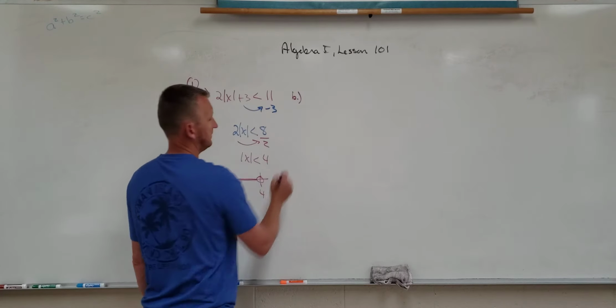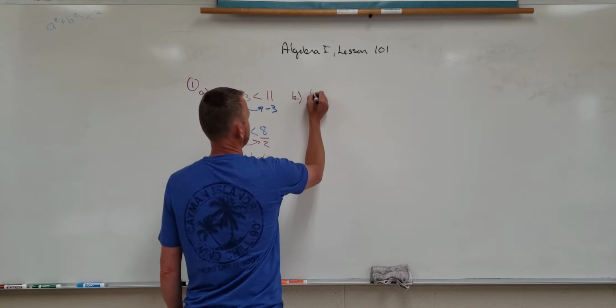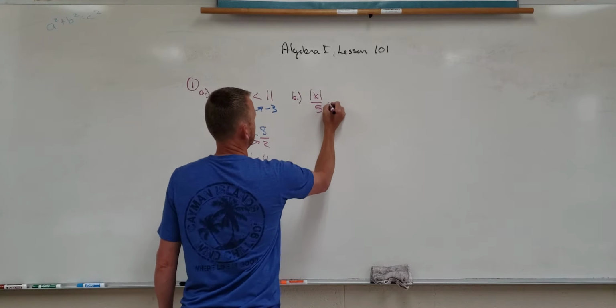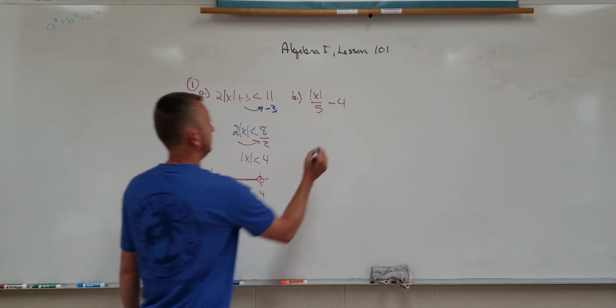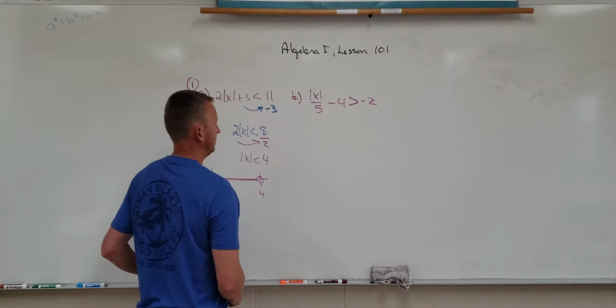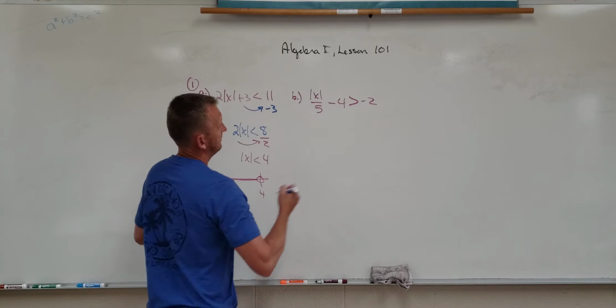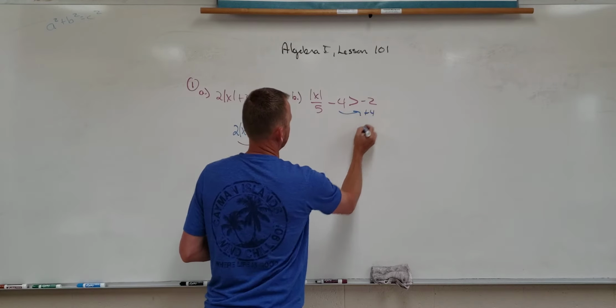1B, we have the absolute value of x over 5 minus 4 is greater than -2. So again, we're subtracting 4 here. Bring it over and add.